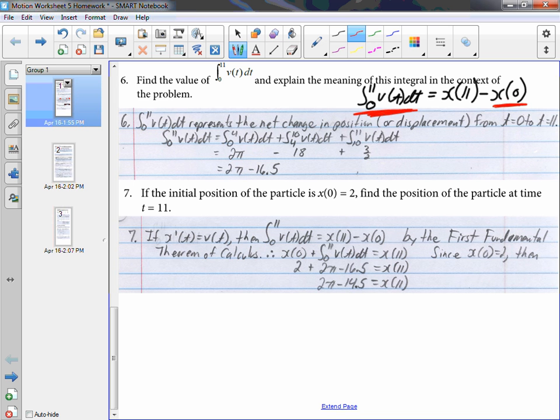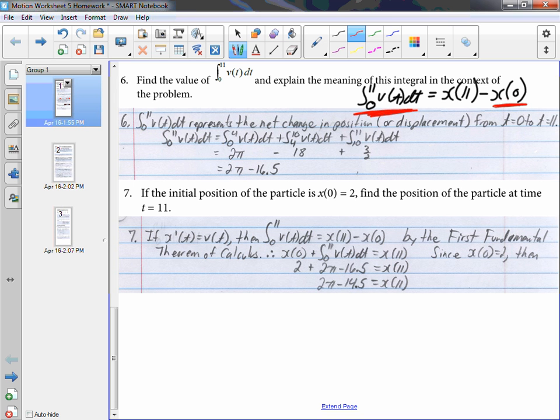Therefore, all I did was add x of 0 to both sides so that I can solve for x of 11. So x of 0 plus the integral from 0 to 11 of v of t dt equals x of 11. Did I say equals? Should have been a plus. I don't know what I said. They told us that x of 0 equals 2, so we substitute that in for x of 0.